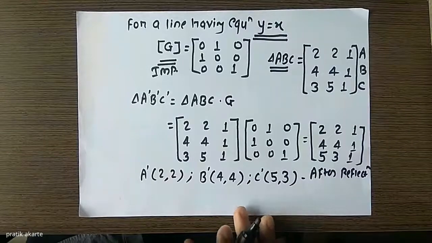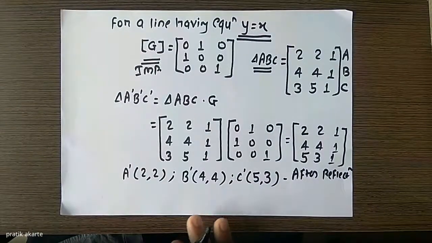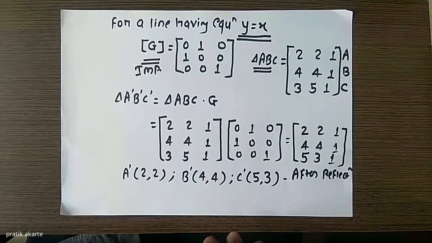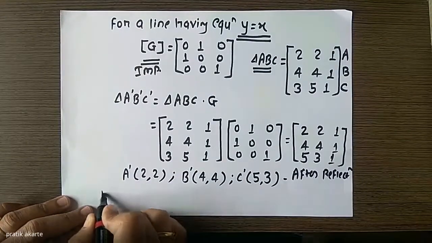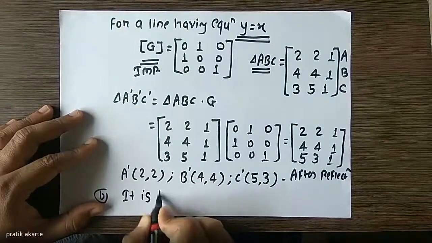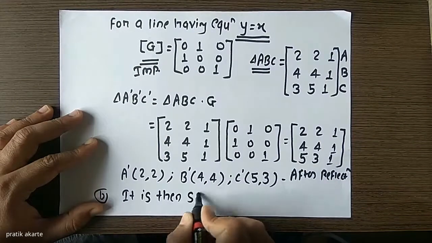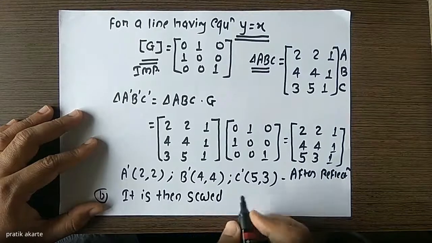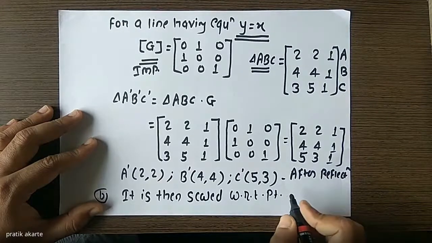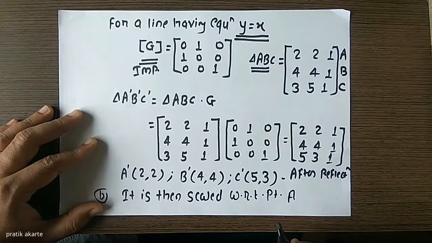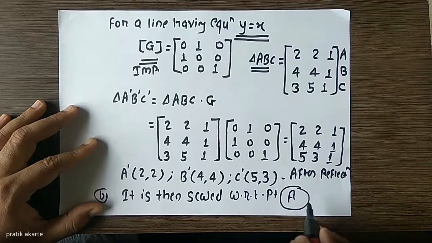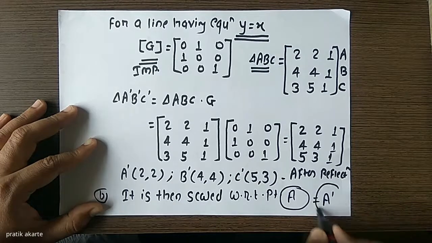Now what they asked us is that you have to scale it with respect to point A. So what they ask us in B part, it is then scaled with respect to point A. Okay, with respect to point A. So fortunately, this A point is equal to A dash point.